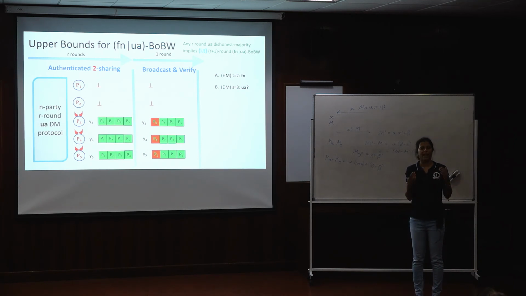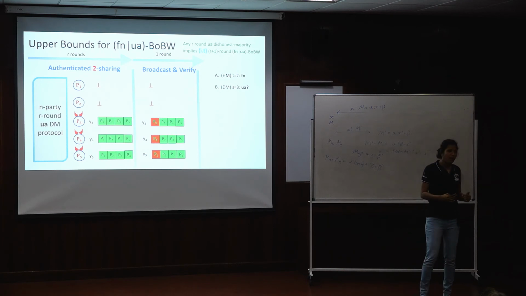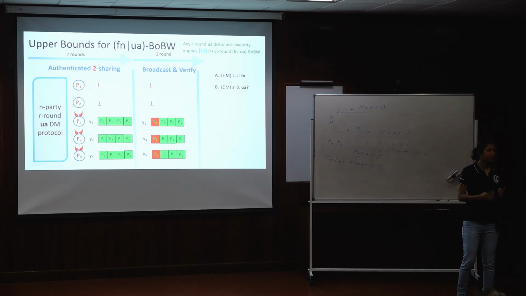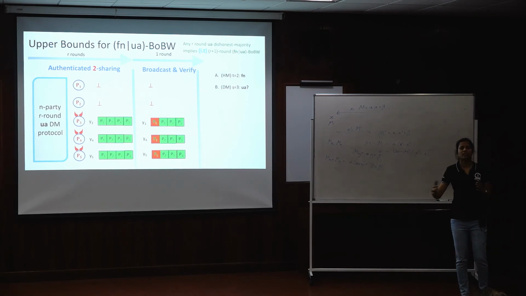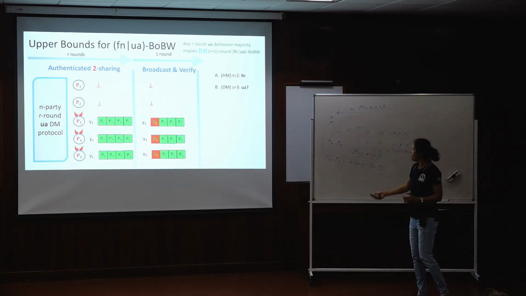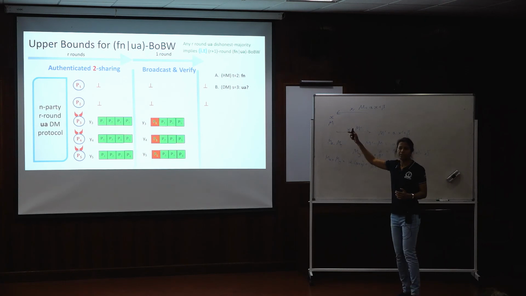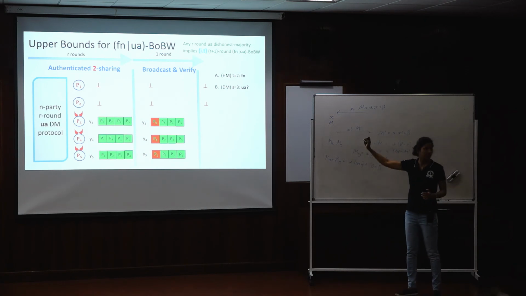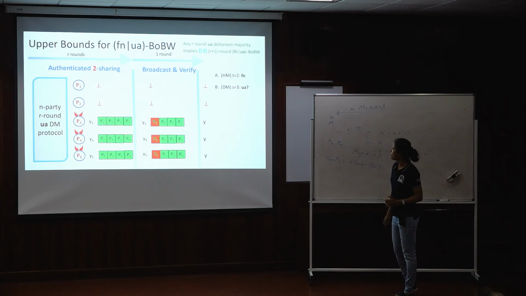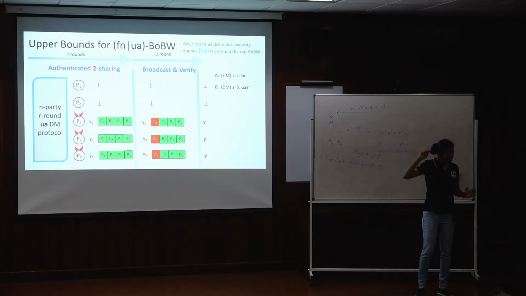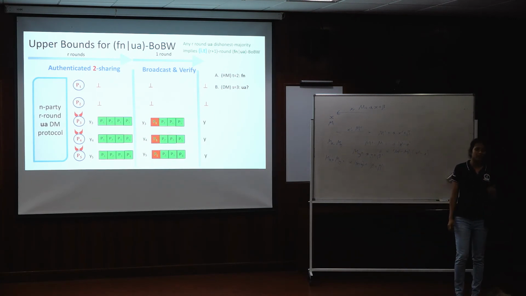If they have received bot from the underlying protocol, they know that the underlying protocol gives unanimity, and therefore if they continue to output bot, the unanimity will still be retained. So the honest parties continue to output bot, and this is still unanimous abort, but the corrupt parties have received the output. Fairness is violated, which is fine, because in the dishonest majority world, the best we can get is unanimous abort, which is what we have achieved in this case.